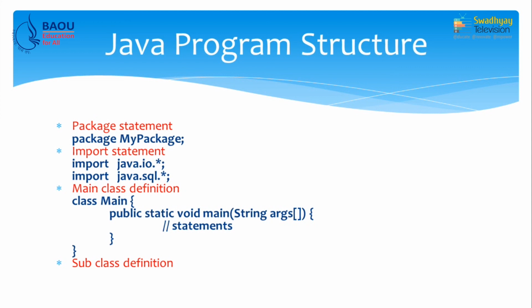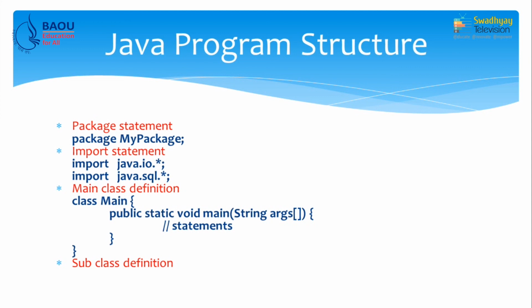We write java.sql, so all the database connectivity classes are organized inside this package called java.sql. So, whatever class you want to use in your program, you have to import the class library belonging to that class. So, this import statement is optional.